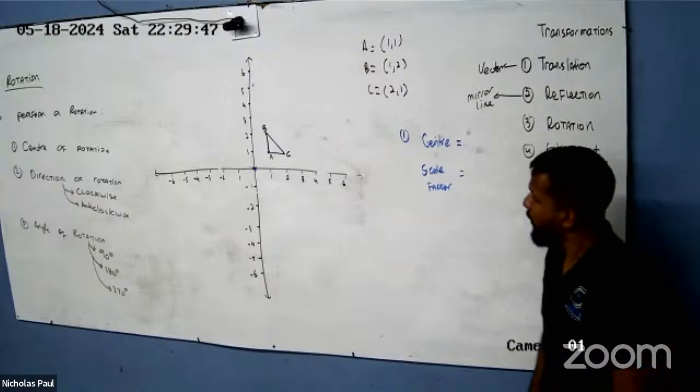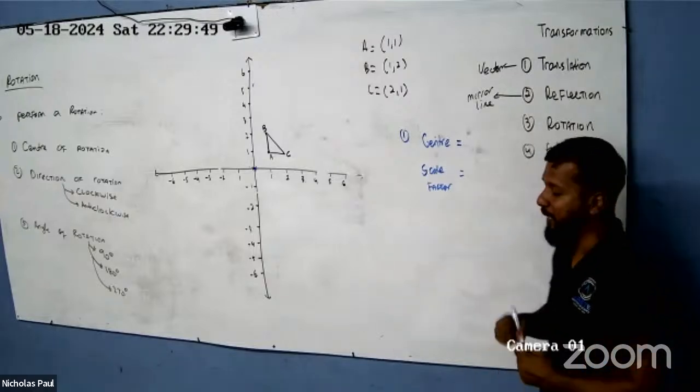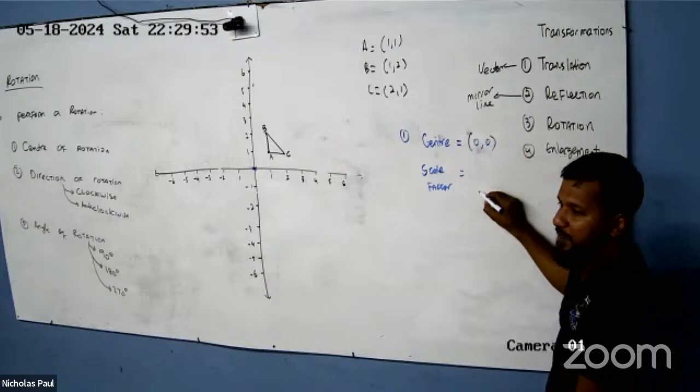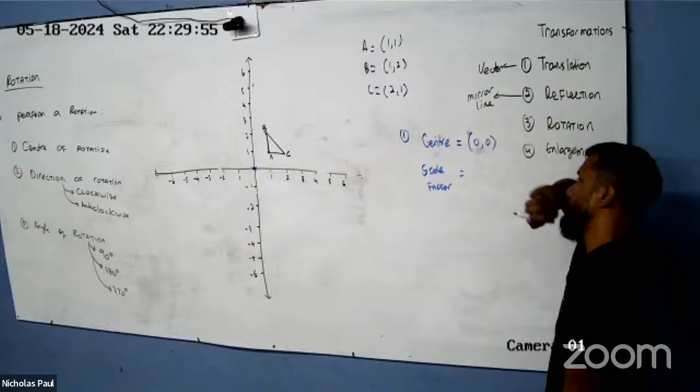Yeah. All right. So we're going to do a center of 0, 0 and a scale factor of 3.